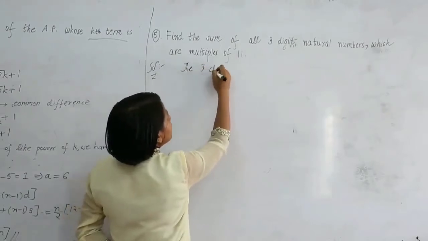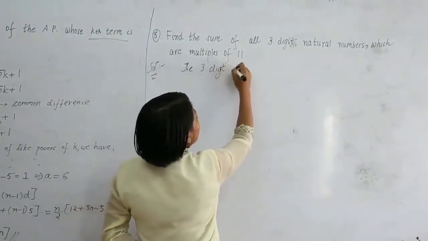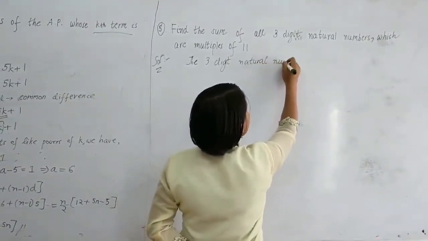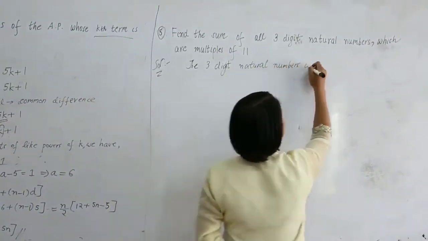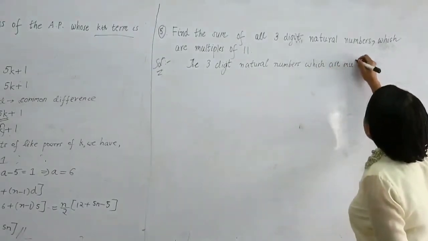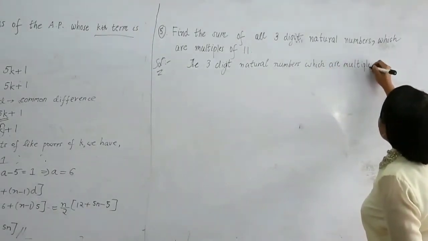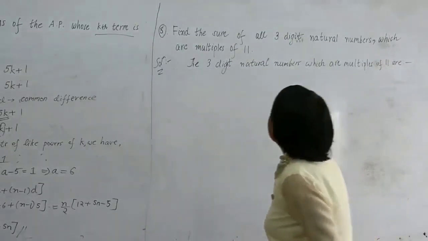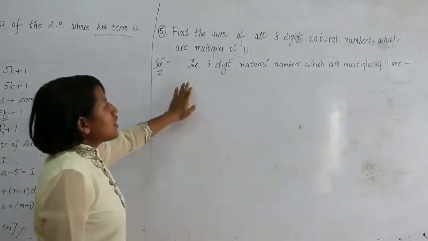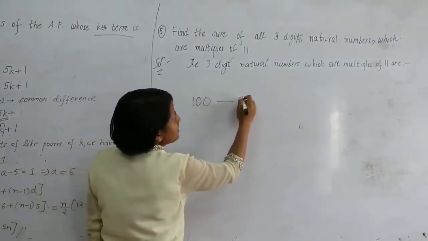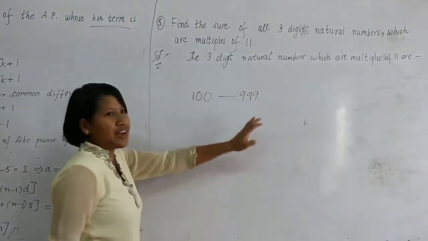So the 3-digit natural numbers which are multiples of 11 are, okay, now first, 3-digit numbers start from 100 and end at 999.